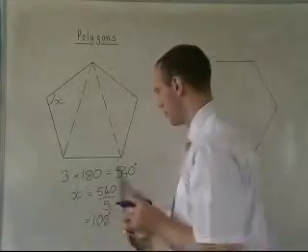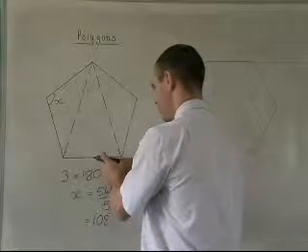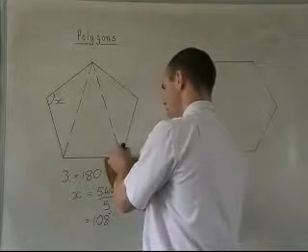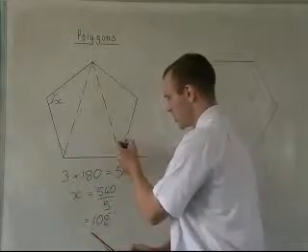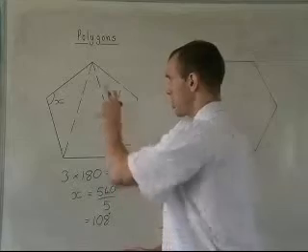We may also be asked to find the external angle. Now the external angle is when you extend the line out from the shape, and they're asked to find this. To make this less confusing, I'm going to rub out these lines.